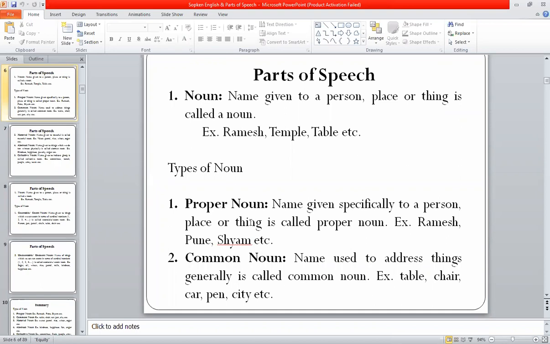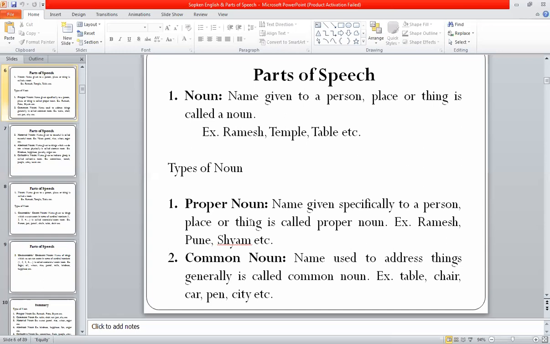These are called monuments. And for identifying these places, persons, and things, we use proper nouns. So proper nouns are names given specifically to a person, place, or thing.